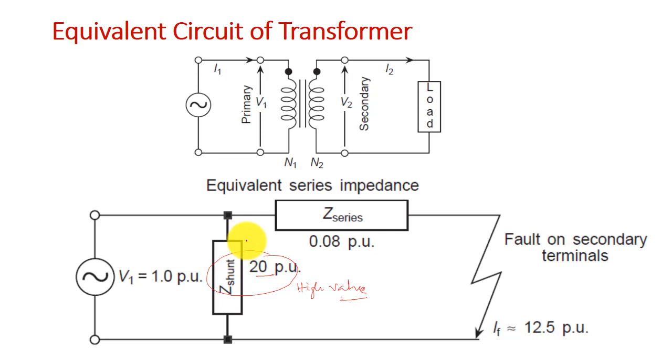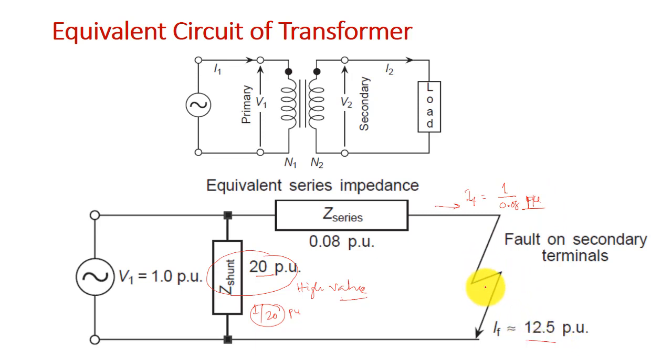So the current flowing through this will be 1 by 20 per unit, which is very small compared to the current flowing through this branch. This current will be your I fault, equal to 1 by 0.08 per unit, which is a large value, equal to 12.5 per unit.